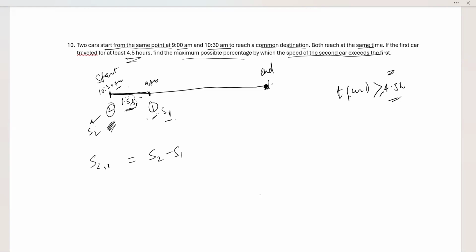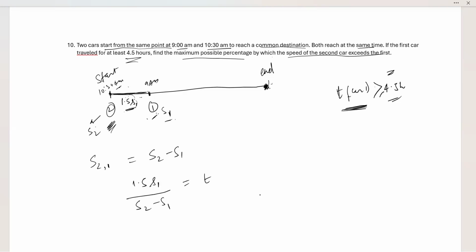Now I can write this as 1.5 S1 by S2 minus S1. Okay, this is the time at which they overtake.